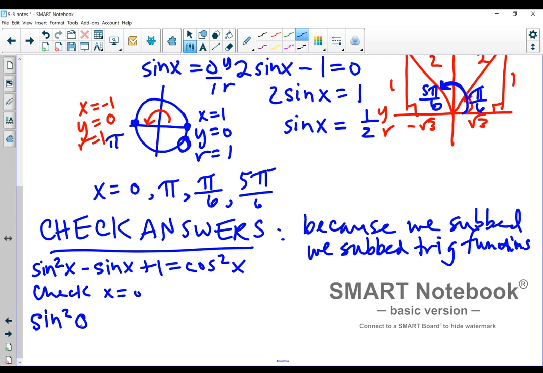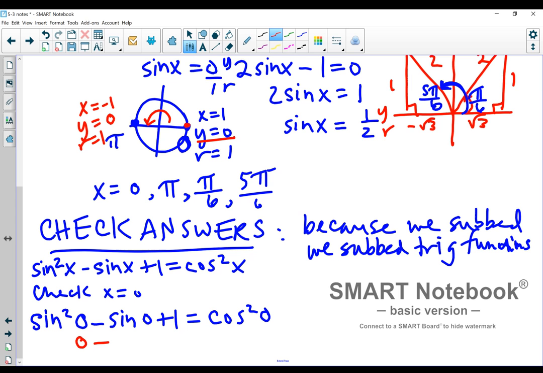So remember, that's the sine of that angle 0, and then I square it, minus sine 0 plus 1 equals cosine squared of 0. So sine of 0 would be my y value at 0. So here is 0, and my y value is 0. So this is going to be 0.